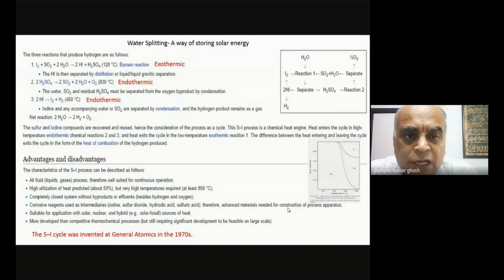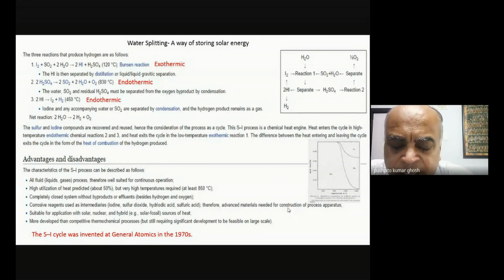So let us now look at some of these extremely clever ways that people have tried to solve the problem. I will go through a few of those. And it's very interesting.